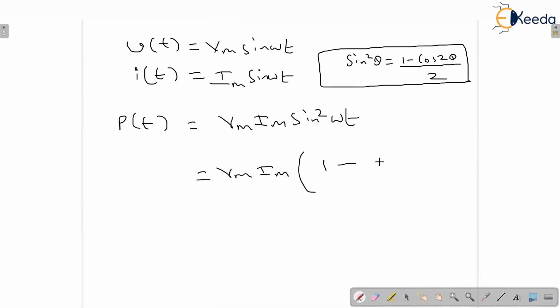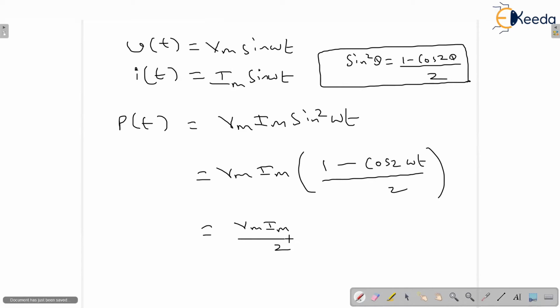So Vm Im times 1 minus cos 2 omega t by 2. Once I split it, Vm Im by 2 minus Vm Im cos 2 omega t by 2.